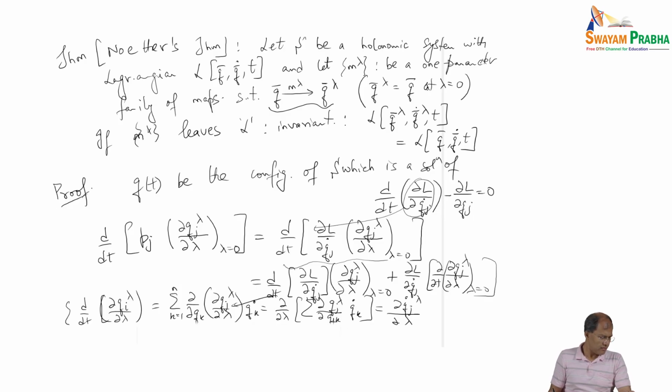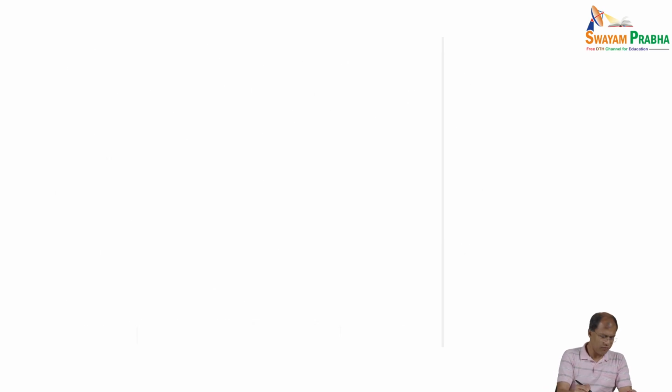Okay, so let us call this last expression star. Let me use this expression star now. From star I can simplify this expression as follows. My partial L by partial q_j times partial q_j(lambda) by partial lambda, right?